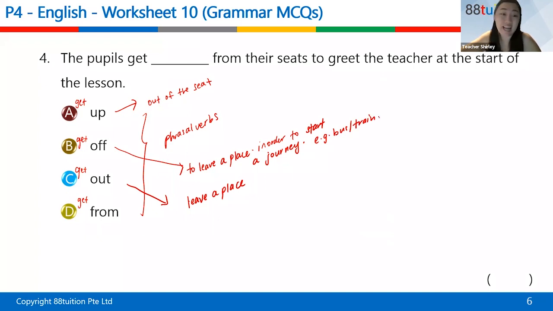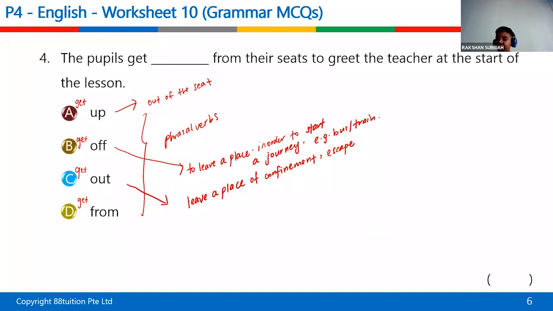Of course, get out is usually to leave a place of confinement, meaning you are confined in a space and you want to get out of it, right? Get out of jail. Sometimes it can also mean to escape. Now of course, get from. What does get from mean?